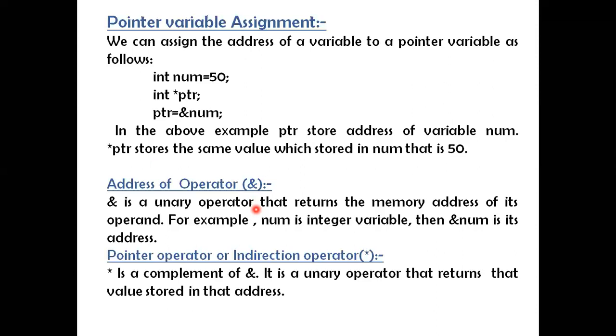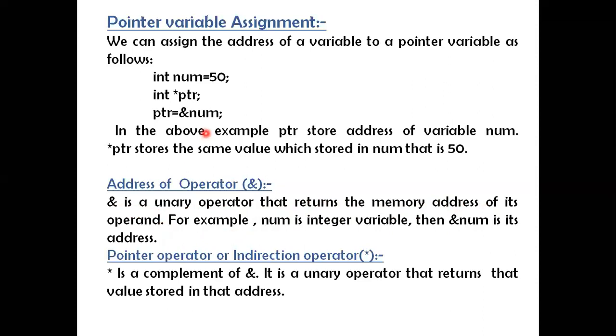At the same time, ampersand is also a unary operator which deals with only a single variable and returns the memory address of its operand. Operand means its variable, which may be num or whatever. Here the operand is num.